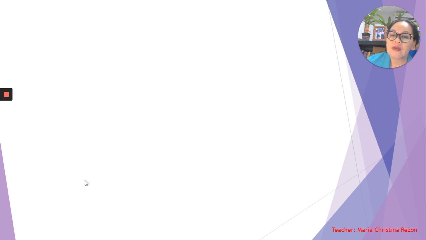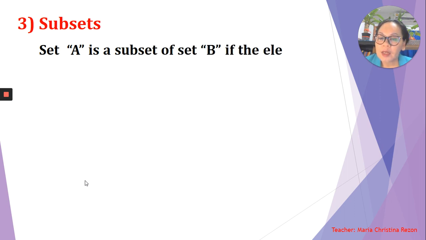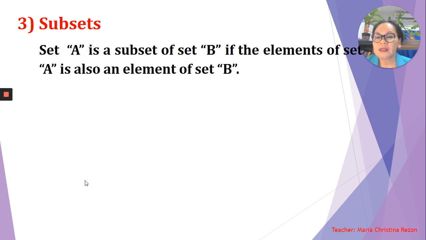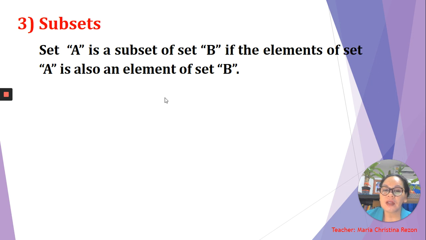Then let's have subset. Set A, these are arbitrary sets, it can be any set. Set A is a subset of set B if the elements of set A are also elements of set B. So what does that mean?